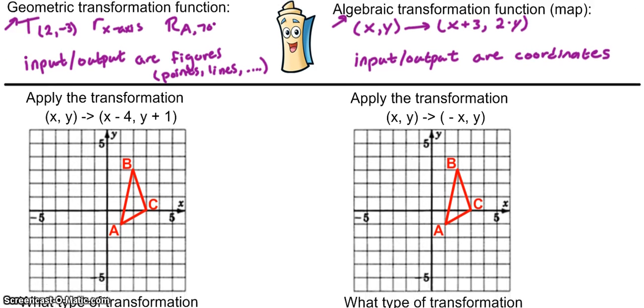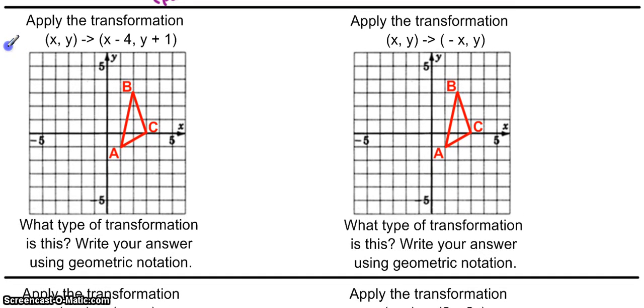Now let's see how we can apply some of these algebraic transformations, starting with this first one. We're asked to apply the transformation x, y, so we start with a coordinate, and these arrows, so it's going to x minus 4 and y plus 1. Well, we're not going to be able to do anything with this until we have some coordinates to work with. So let's take a look at this figure here, A, B, C, and write down the coordinates of the vertices.